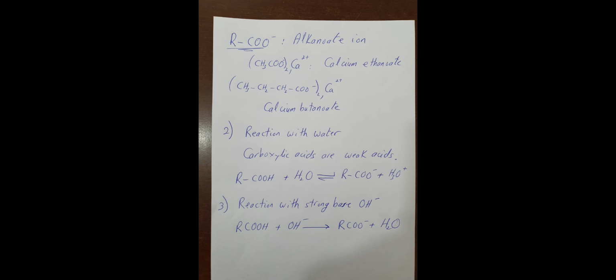Remember, according to Bronsted definition, an acid is any substance that donates an H plus, so the RCOOH gives up the H plus to be gained by the H2O, which acts in this case as the base to produce the alkanoate ion and the H3O plus. Number 3, reaction with a strong base, OH minus, for example, sodium hydroxide or potassium hydroxide. The equation right here is a complete reaction. RCOOH represents the carboxylic acid and the OH minus represents the base, producing the alkanoate ion plus H2O.